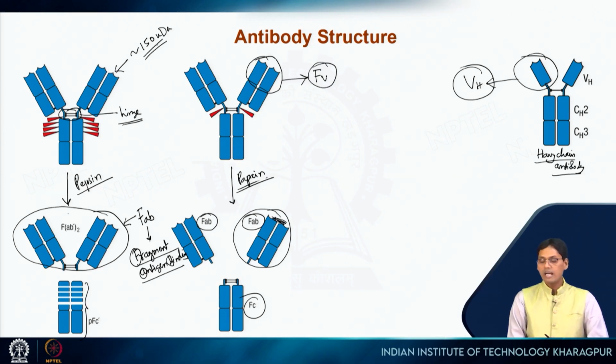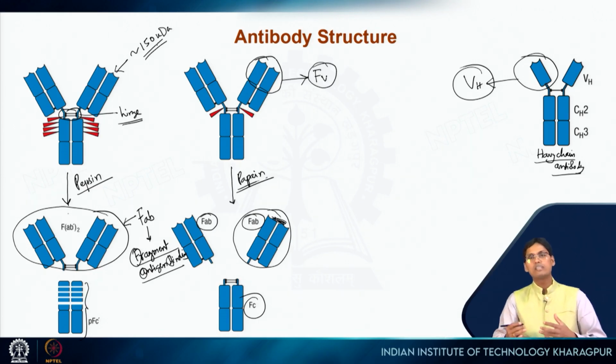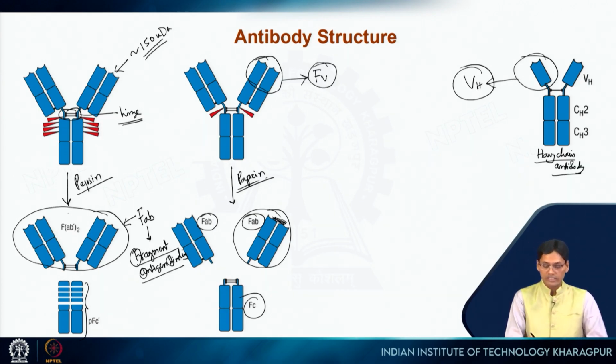But now, for clinical purposes, if you want to design a smaller antibody, one option is the Fab fragment, another is the Fv fragment, and this is the smallest fragment possible. Sometimes this is also called a nanobody, and it has therapeutic application.